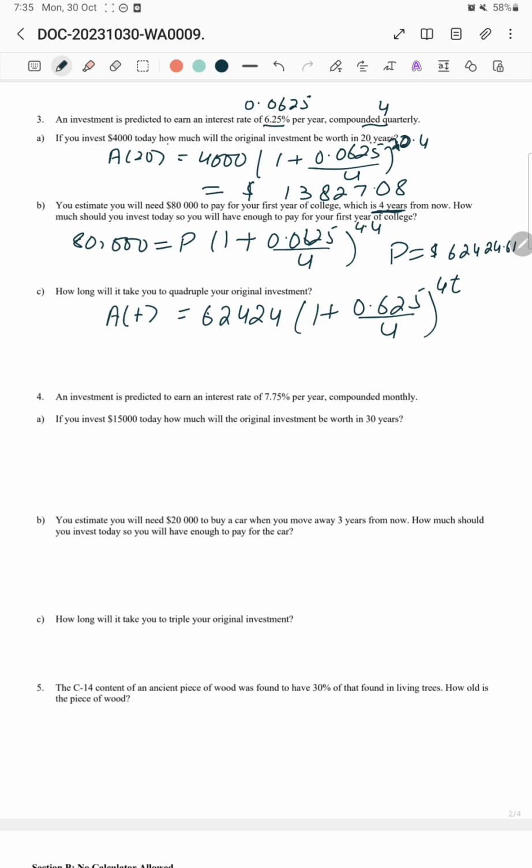So by putting all the values we will find t, which is equal to 22 years.